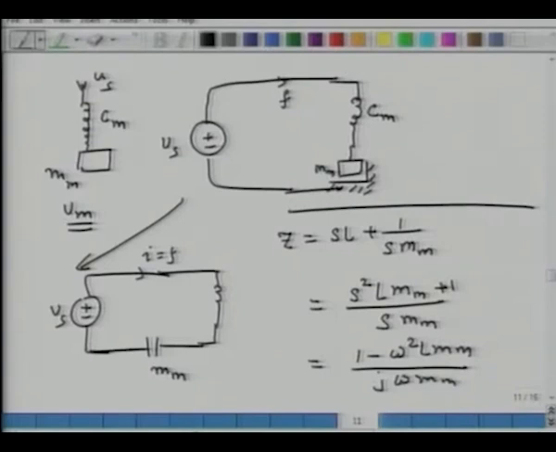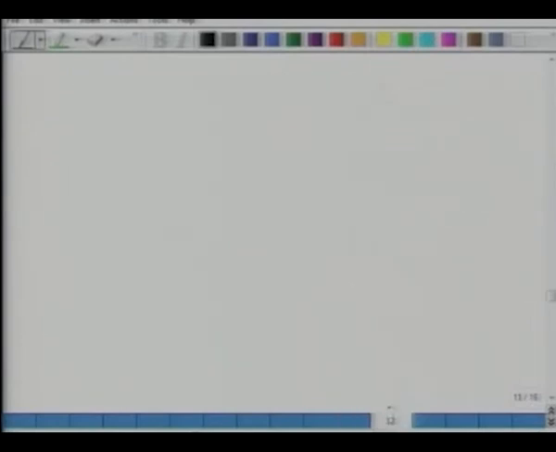So now I want to find the velocity of this mass, or the voltage difference across this capacitor. So I can find the current. The force, which is the same as current when I map it, is Us over Z, and that comes to be j omega mm over 1 minus omega square L mm times Us.